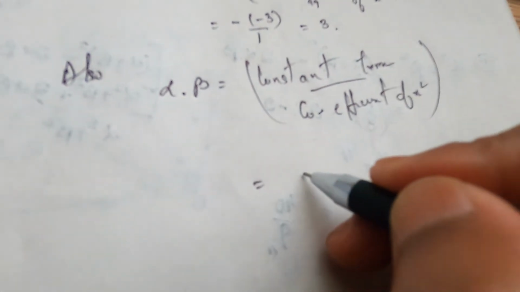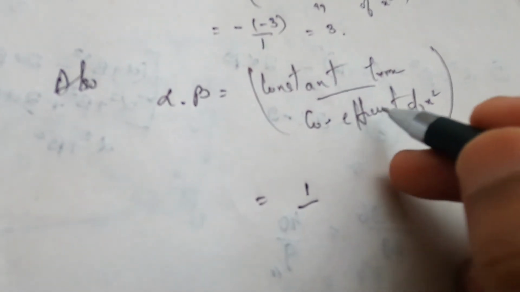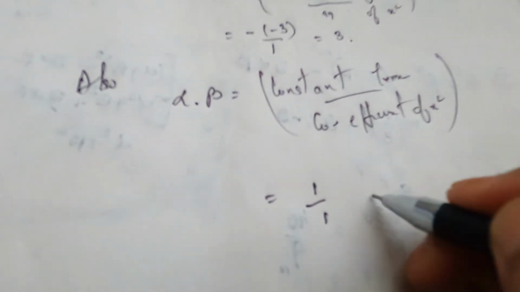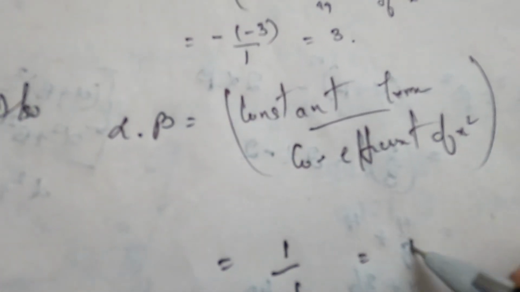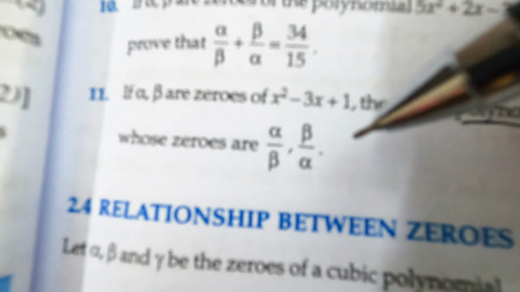So in this case, constant term will be 1 and coefficient of x square will be 1. So in this case, alpha beta will be 1. So now next what we'll do is let us simplify this one. All right, so let us simplify these zeros simply by using again sum of zeros and product of zeros.